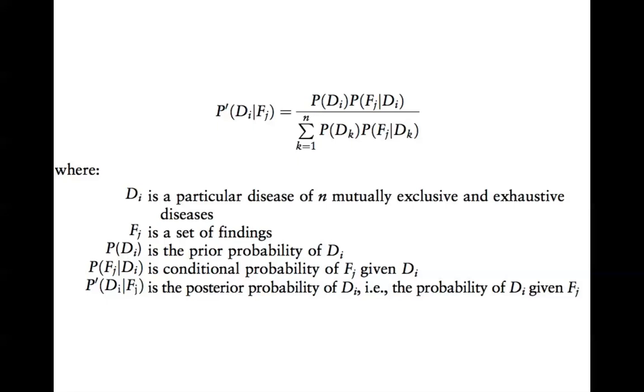This formula is not that easy. I can tell you, for my master's degree, I used the Bayesian theory to create a model of gene-disease relationships. And it took me several years to really understand the Bayesian theory.